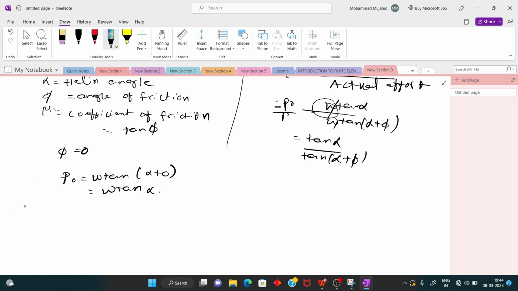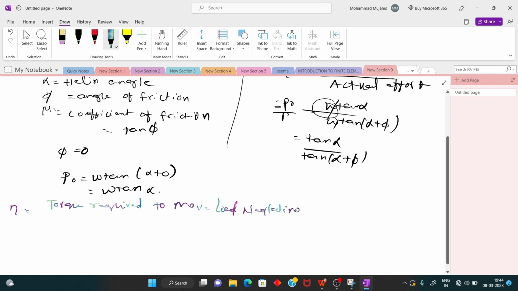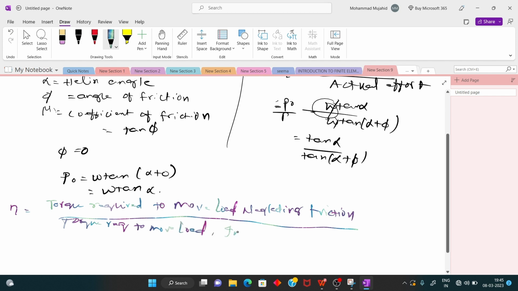Then efficiency will be equal to the torque required to move load, neglecting friction, to the torque required to move load, including screw and collar friction.